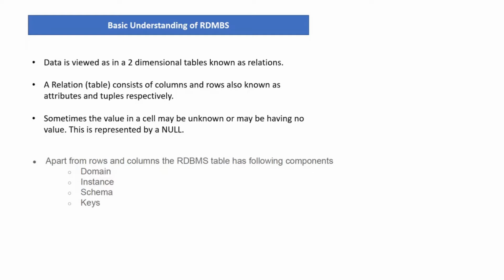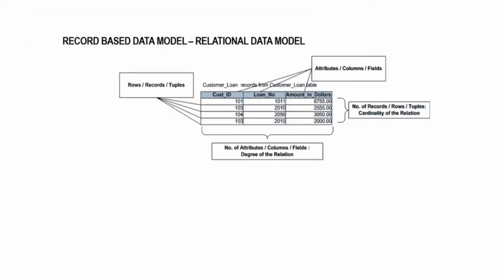An RDBMS table doesn't only contain attributes and tuples, it also has other components like domain, instance, schema and keys. We will come to know about each of them in the next slides. So look at this picture. It gives a pictorial representation of what a table is.